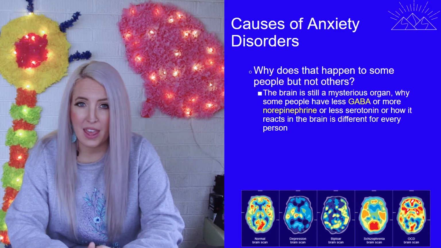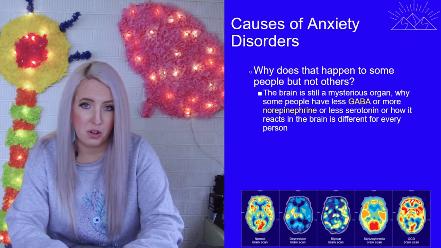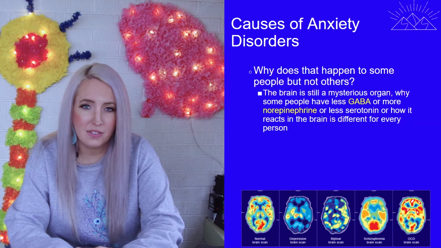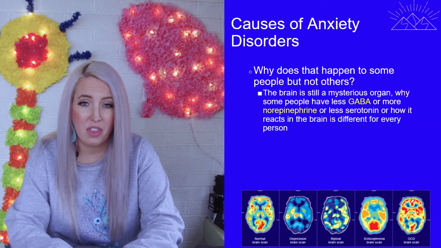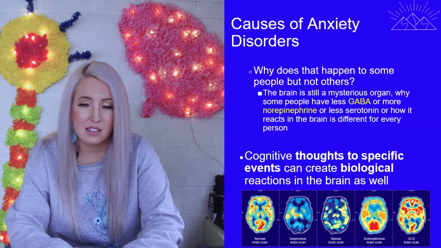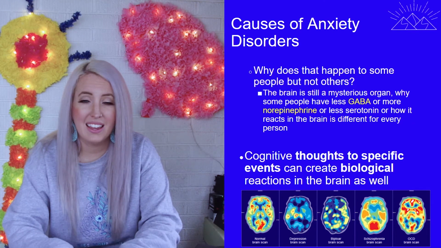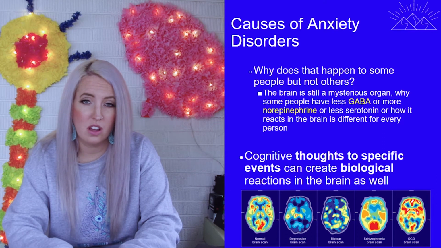And how much of it we have and how it affects individuals varies from person to person. There are also cognitive factors in relation to how we think about different experiences, and social factors of different events that we've experienced in our life that are all going to have a contribution to the development of anxiety disorders. And typically it's going to be a combination of all 3.